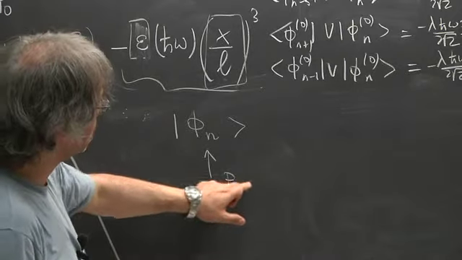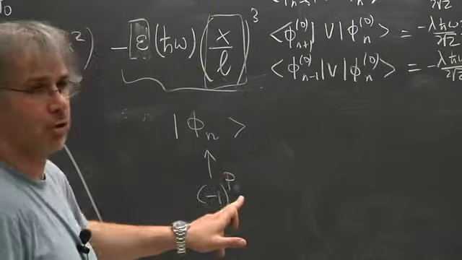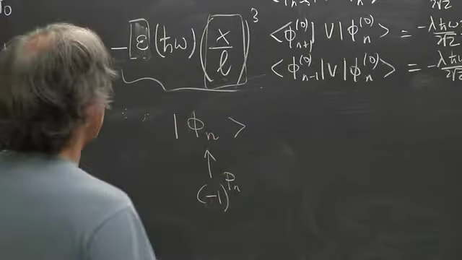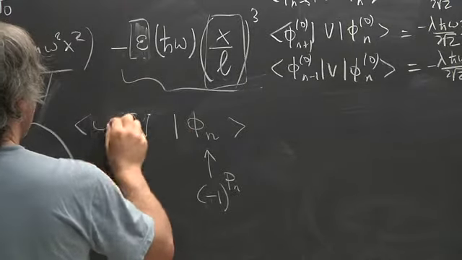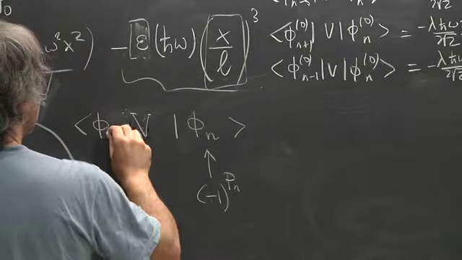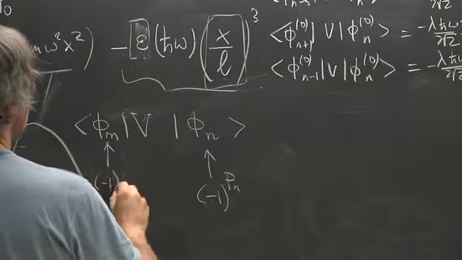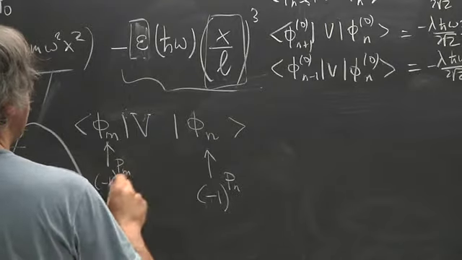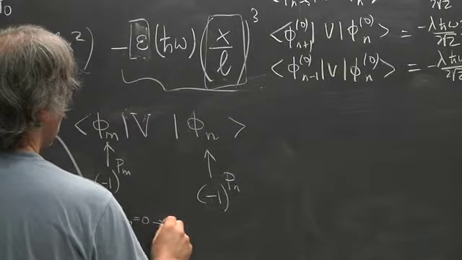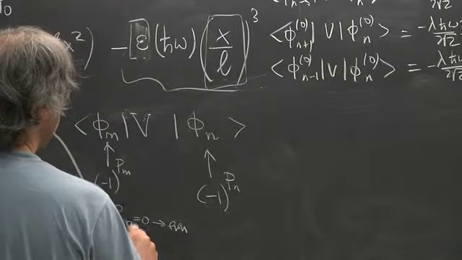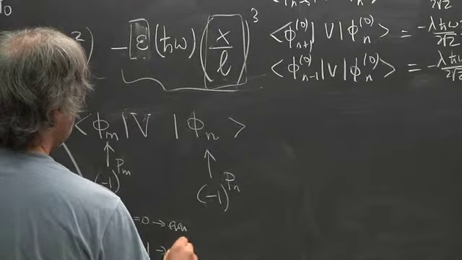All right? So this little number here will tell me if the state phi n is even or odd. Good. Now I have some operator, and now I have another state. The other state also has a certain parity, so for instance, -1 to the pm. Again, if pm is 0, you mean an even state. If pm is 1, you mean an odd state.